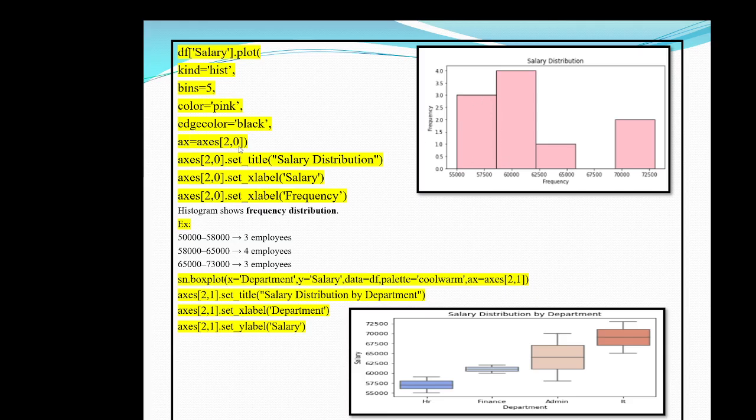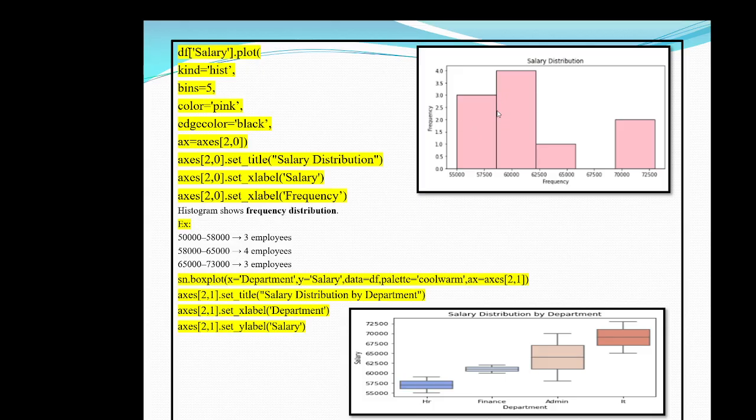And I have specified the axis position also. Then the title, x-axis, and y-axis is specified as frequency. So here it should be the y-axis. So this is how, say for example, 50,000 to 58,000, 3 employees. That's the reason why here the representation is at 3, and the remaining is 4. So totally we have taken the 10 records.